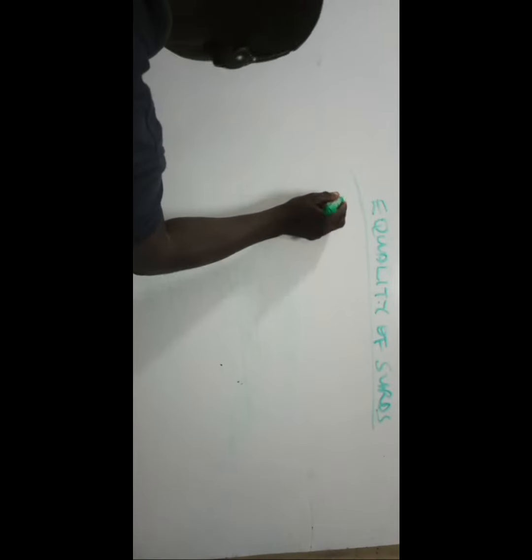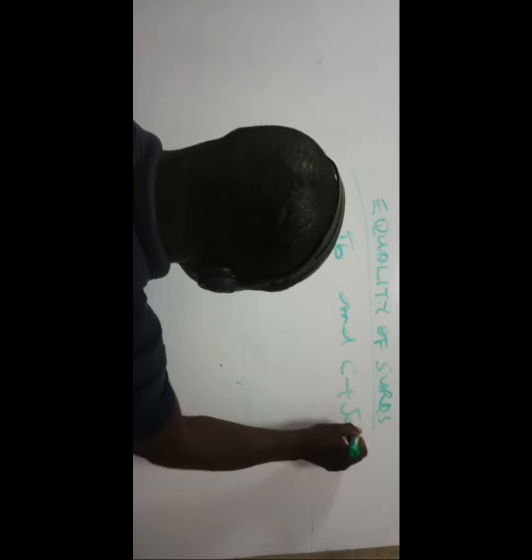Two expressions in surd form are said to be equal if, for instance, you have two expressions like a plus square root of b and c plus square root of d.